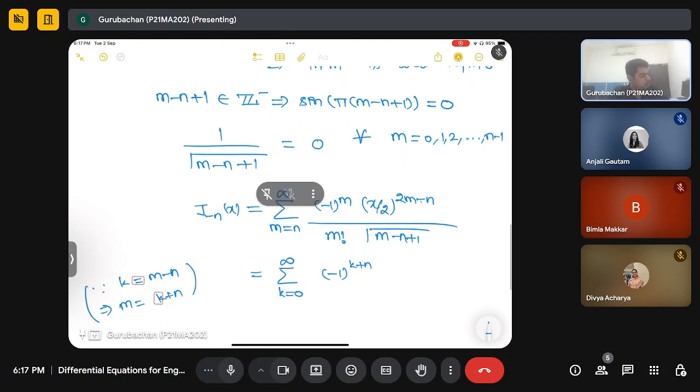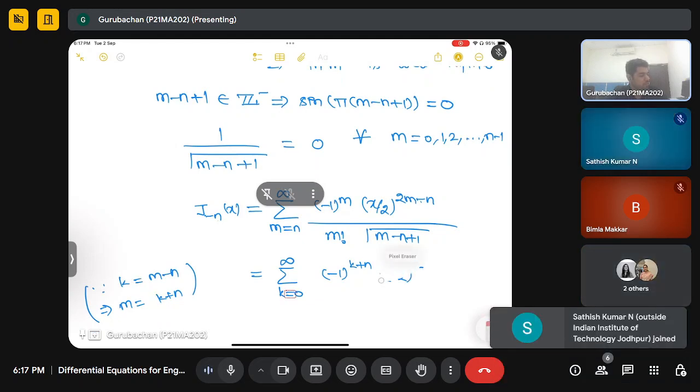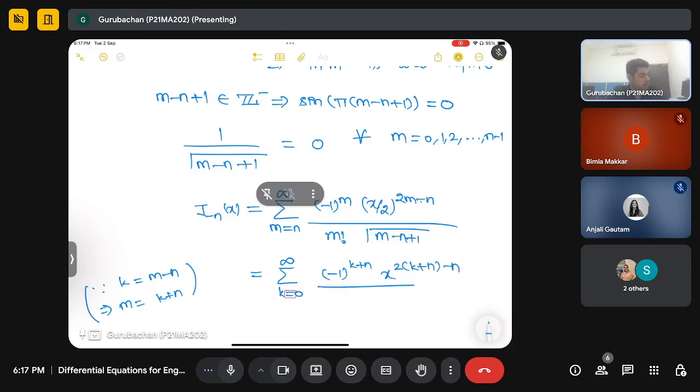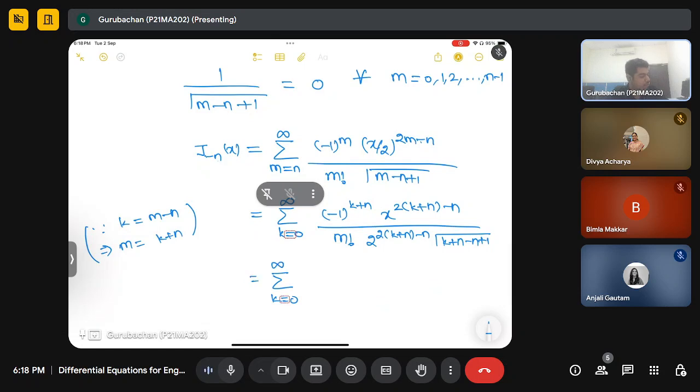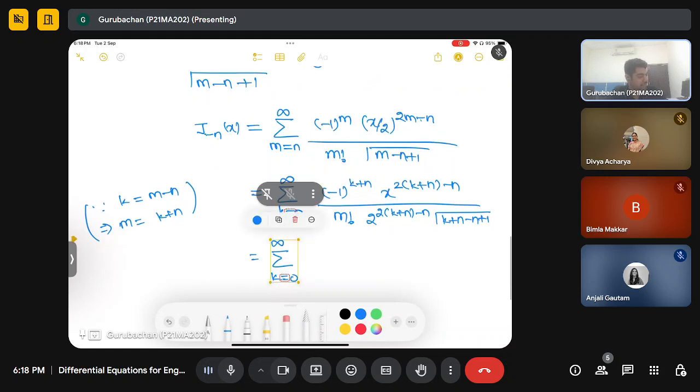So it will be (x/2) to the power 2 times (k plus n) minus n. Let me simplify in this manner: x to the power 2k plus n divided by (k plus n) factorial, 2 to the power 2k plus n, gamma of (k plus n minus n plus 1). So this will give you the series k from 0 to infinity. Let me be a little more precise in this calculation.